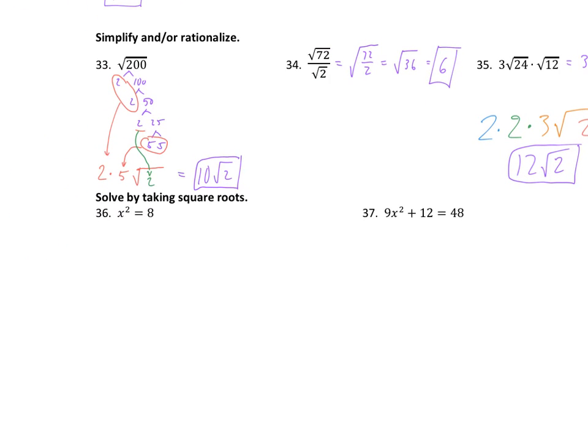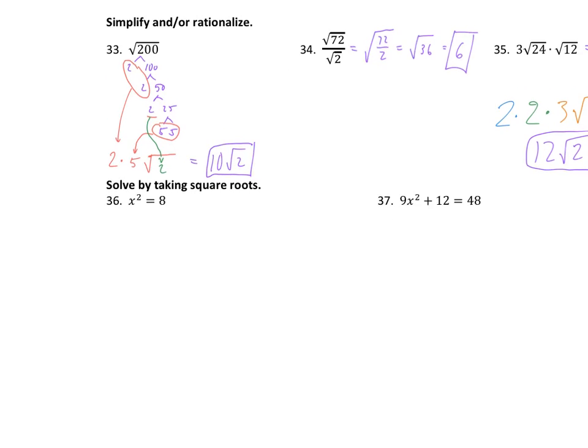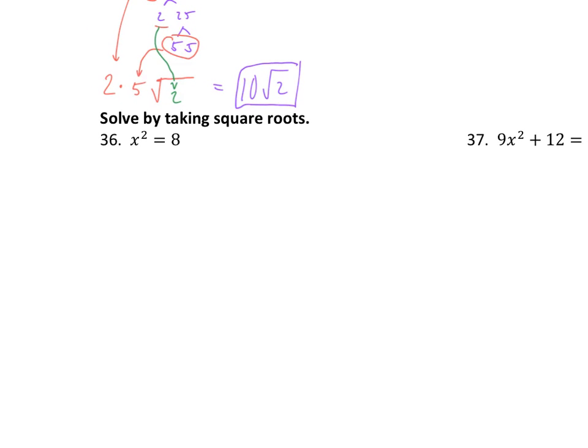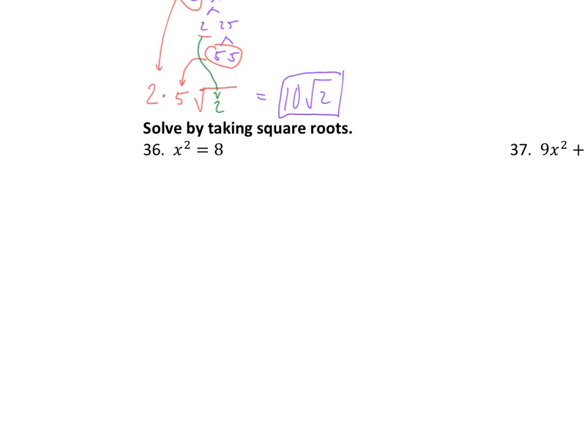Solve by square rooting. So here we do not want one side to be equal to 0. We want basically just get x by itself. So I would do following SADMEP as I do this. In this case, the only thing I have left to do for this x is give the exponent the square root of both sides.